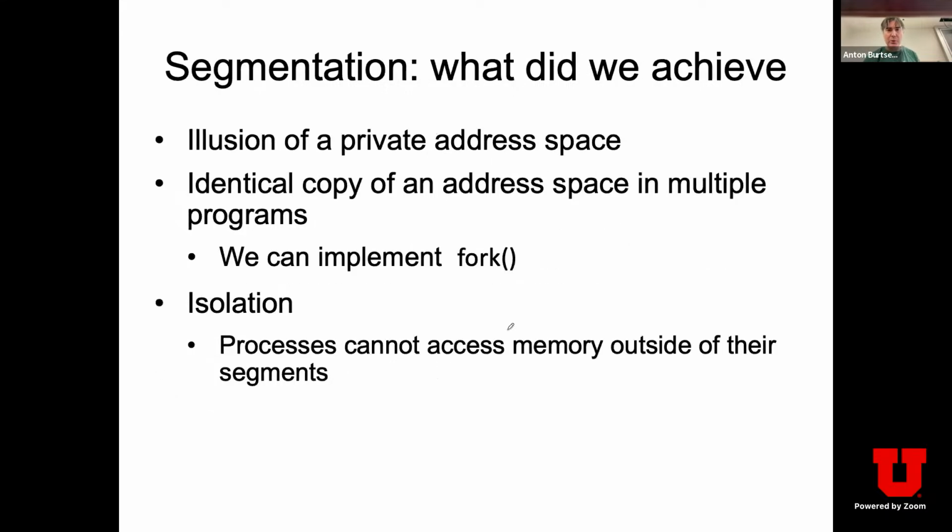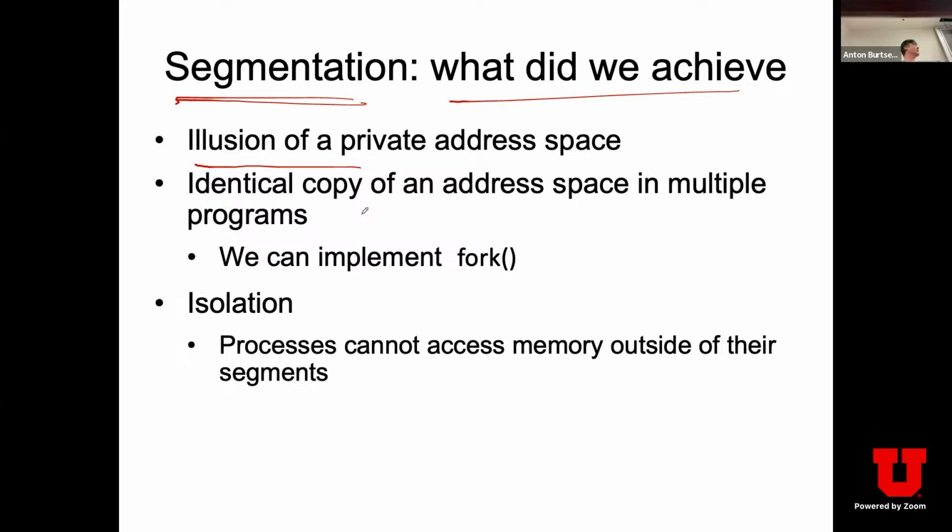Okay, to sum up, we understood the segmentation mechanism. What did we achieve? We achieved two things. First, we have an illusion of a private address space. What do I mean by that? You don't have to relocate the program. You compile it, link it, say it's linked to run at address 0, and you can load it multiple times.